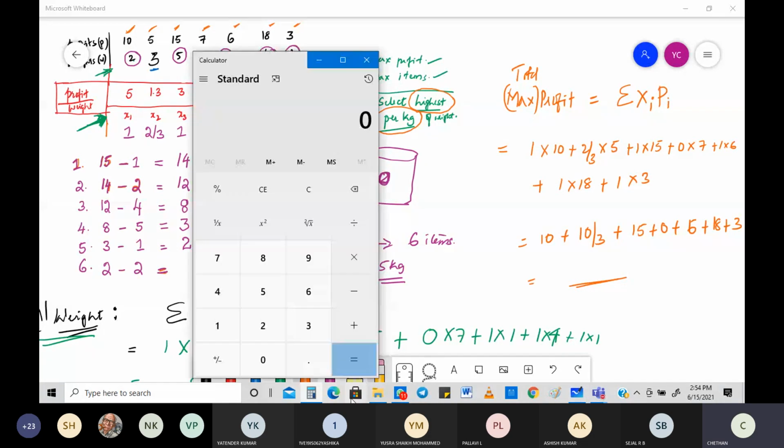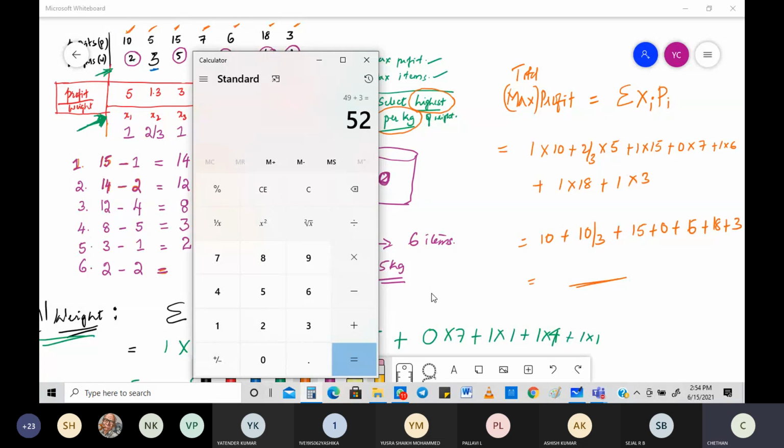Now it's loaded. So 10 plus 10 by 3, we'll see that later. 15 plus 6 plus 18 plus 3, 52.